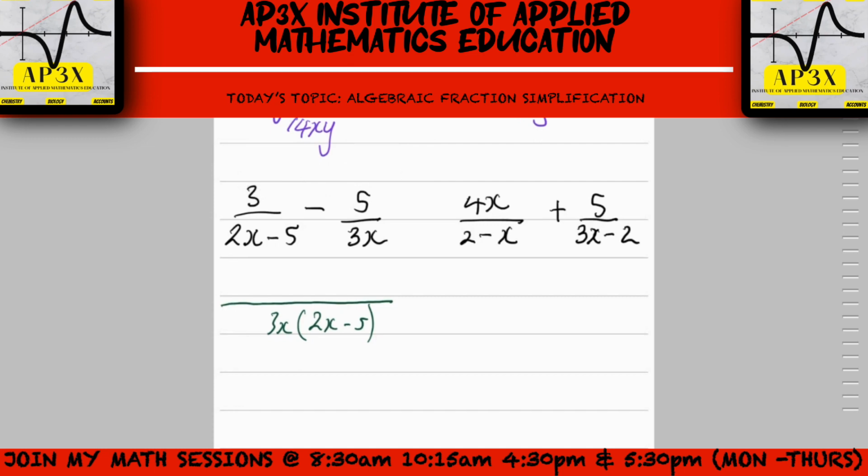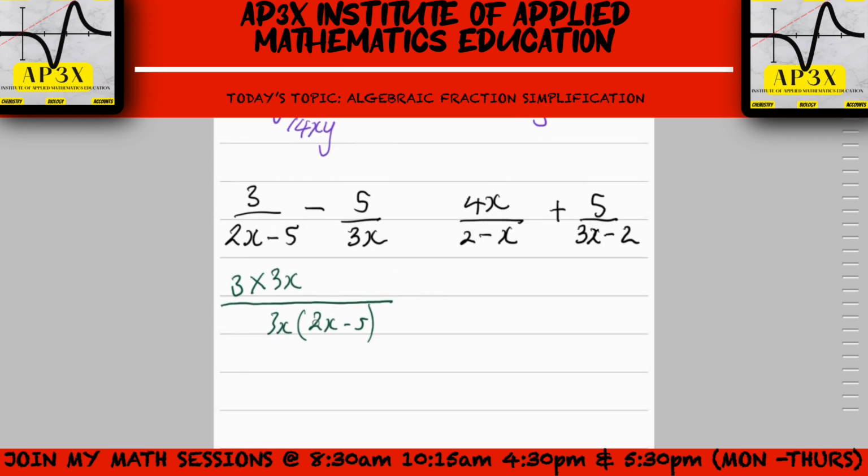So let's go back to this question here. 2x minus 5 cancels 2x minus 5, leaving us with the 3 at the top coming down on the line, and then that multiplies, say here, so this cancels this, so the 3 at the top comes down on the line and multiplies the 3x here. I tend to now start writing my results on the line.